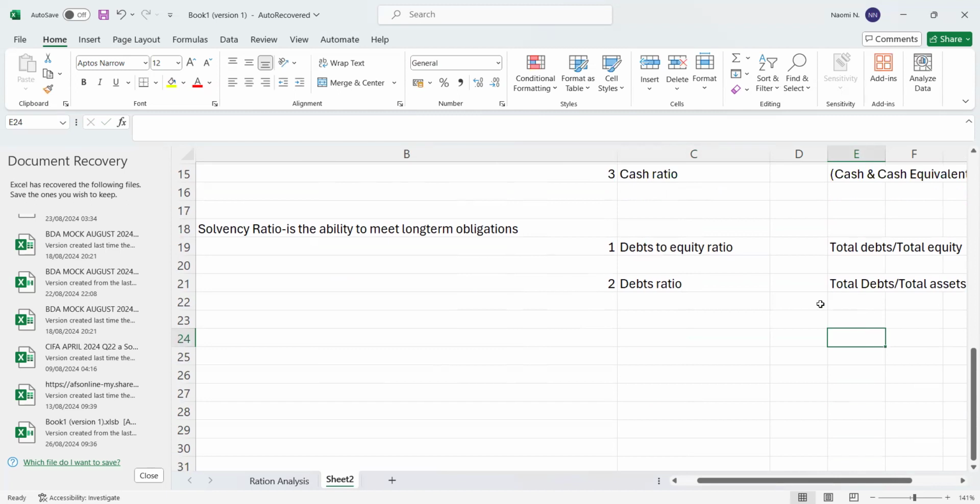Just before we go into calculation, it measures the proportion of the company assets that are financed by debts. It indicates the percentage of the company assets that are funded through liabilities.